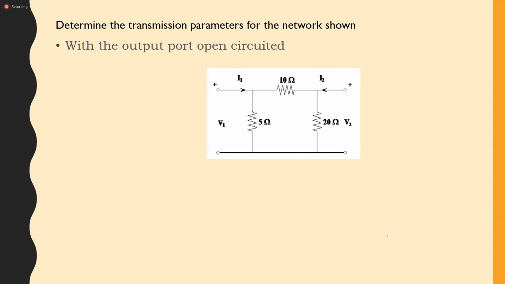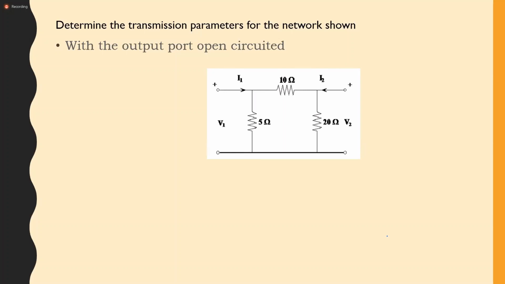With I2 made 0, we're finding A and C. All right. So A is V1 over V2.